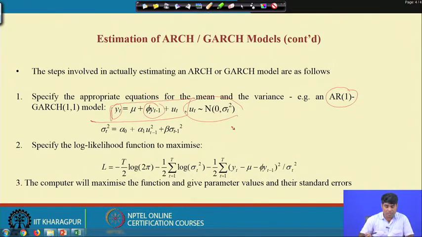And after getting the estimated y t, we can have the error term u t, the square of the error terms and the error variance, and then we can connect like this: sigma square t equals alpha 0 plus alpha 1 times u square t minus 1, and again the beta coefficient with respect to sigma square t minus 1.